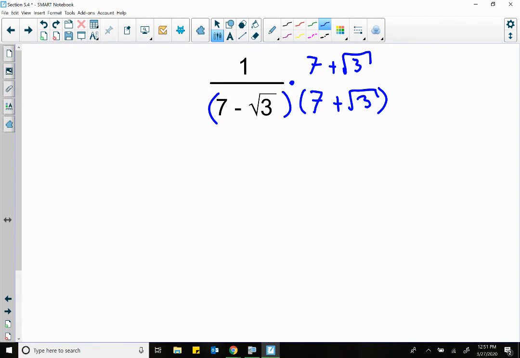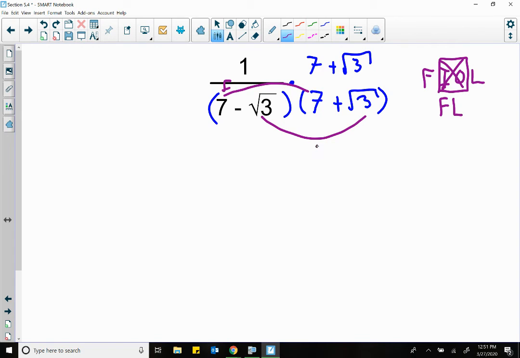We don't really have to do the full FOIL on this. The reason why we multiply by the conjugate is because this gets rid of, if we did FOIL, multiplying by the conjugate takes out the middle term. These two, if you FOILed out, would actually end up canceling out. So technically, all we have to do is what I call the Florida. When you multiply by conjugates in the denominator, all you really have to do is multiply the first and multiply the last.